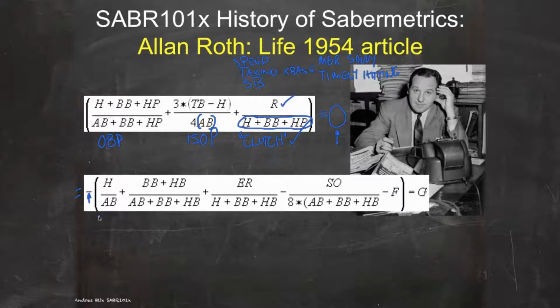The first one here is just the opponent's batting average. Remember what batting average is? Hits divided by at-bats. So this is the opponent's batting average. This is a strange term here. This is the percentage of hits and walks that the opposing team gets.